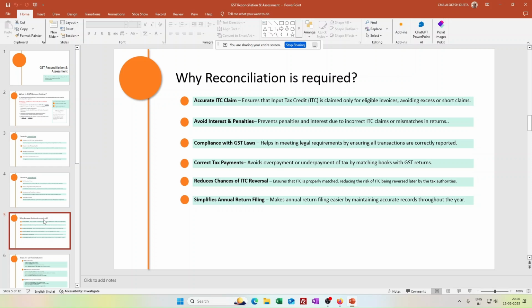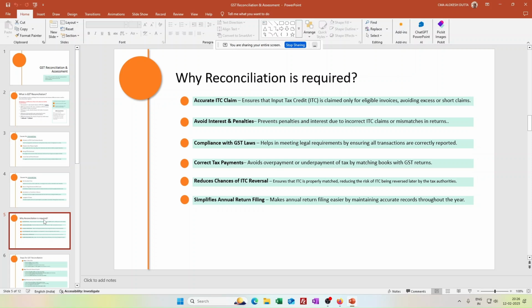Compliance with the GST law. GST law prescribes that you have to reconcile the data with your books of accounts for compliance of the GST laws in all respects. Correct tax payment. Until and unless you reconcile, how can you know what the correct tax liability is?